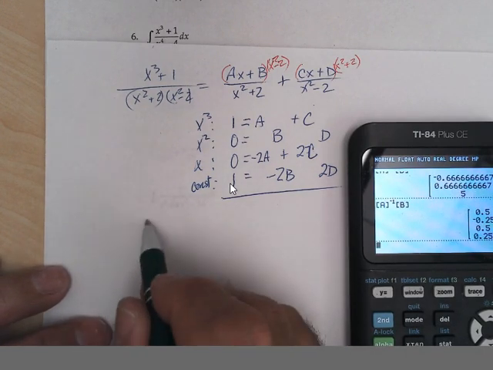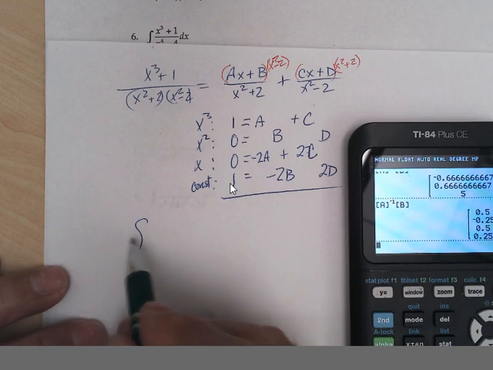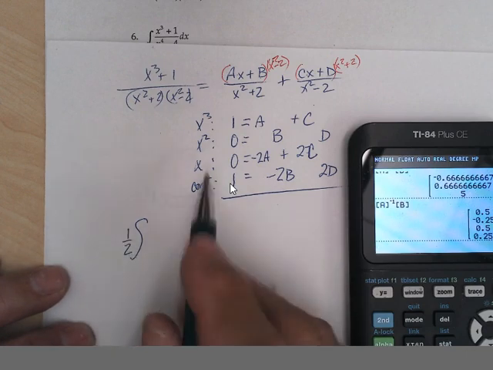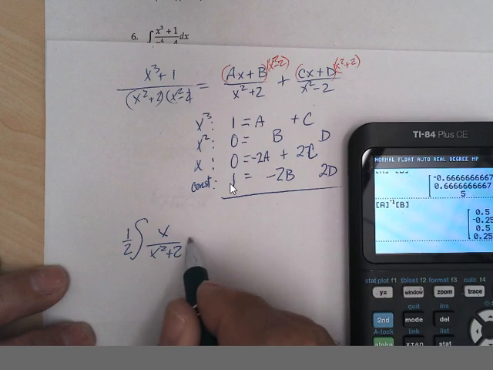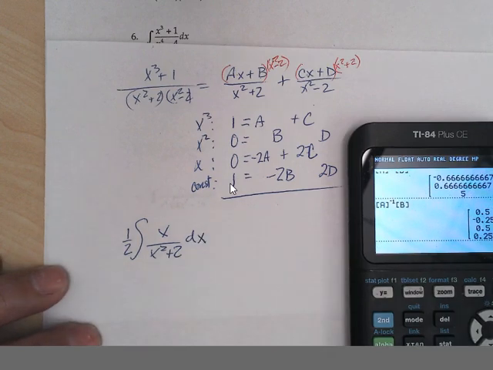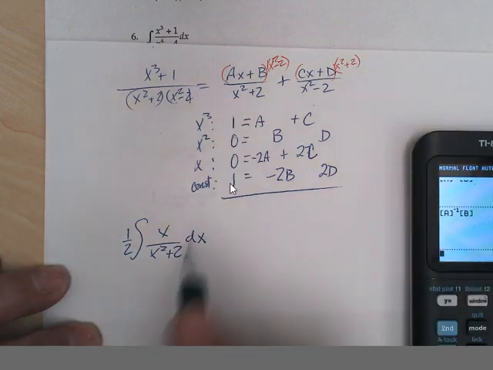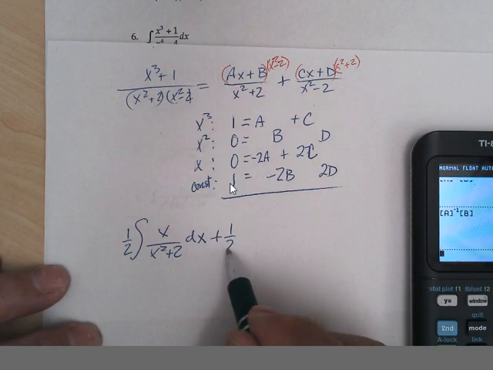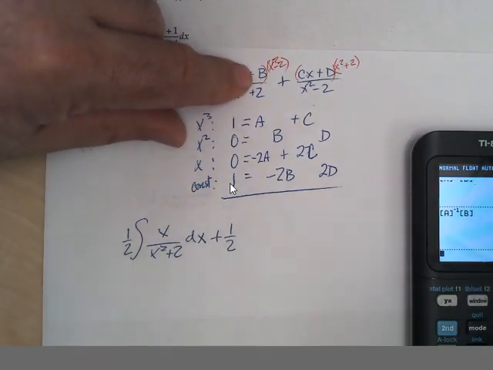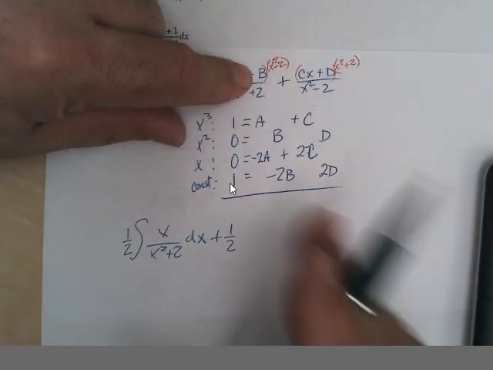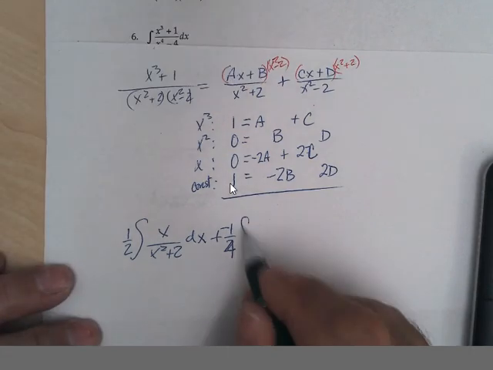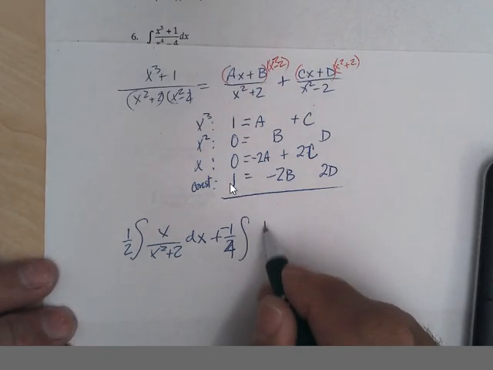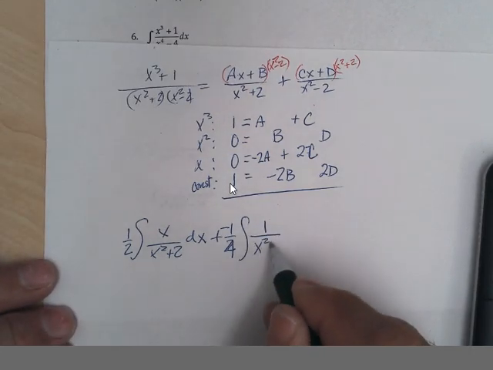So we get integral of 1/2 x over x squared plus 2 plus 1/2, B was minus a quarter, minus 1/4 integral of 1 over x squared plus 2.